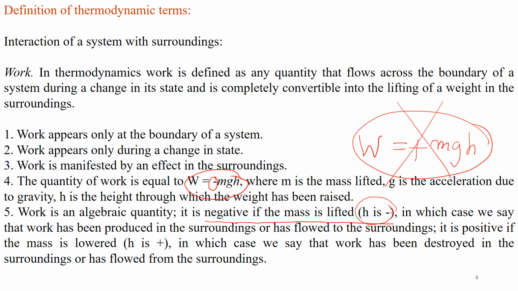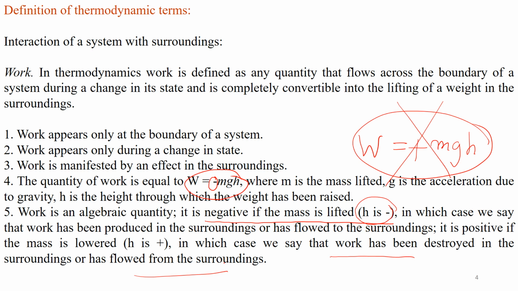In which case the work has been produced in the surroundings or has flown into the surroundings. We'll take it positive if the surroundings perform work on the system, which means masses will be lowered in the surroundings. Now remember that again, this is a convention.